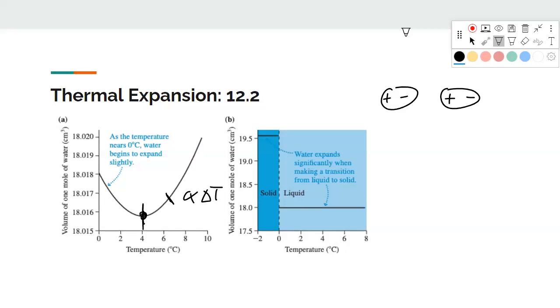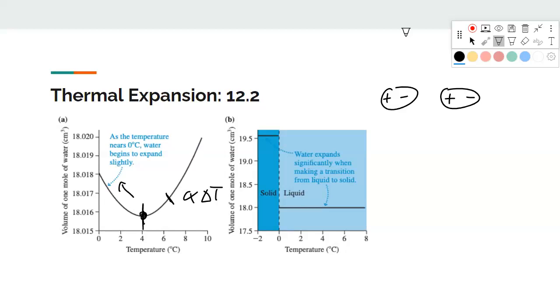But once it begins to get colder, which is this region to the left here, more and more of these polar bonds begin to form. And the bond length, the separation between molecules once these bonds have formed, is actually bigger than the average distance during the molecular collisions. And so this explains why we get this curve back up. As we cool down, we form more and more bonds, and the water gets bigger and bigger.